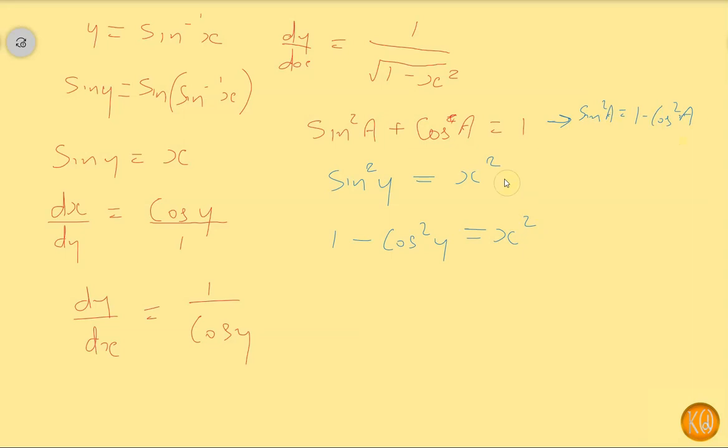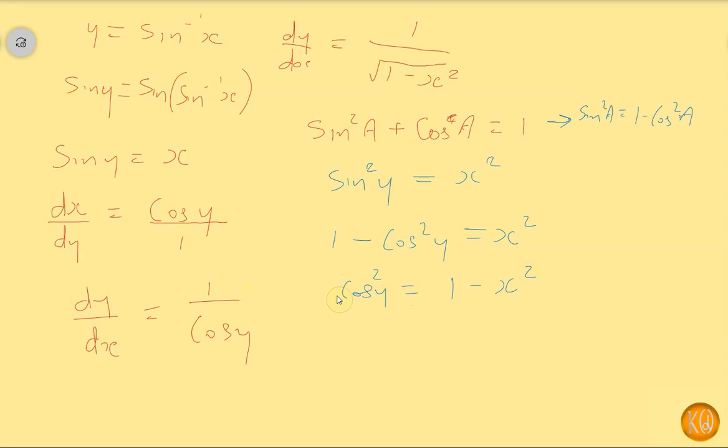So that's basically what we did here. We said that sine squared y would be equal to 1 minus cos squared y. Good. Now if we should let cos y be the subject, then when we transpose, cos squared y is equal to 1 minus x squared.